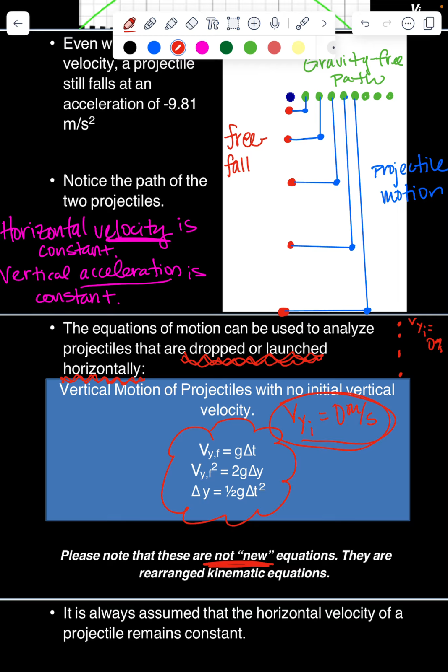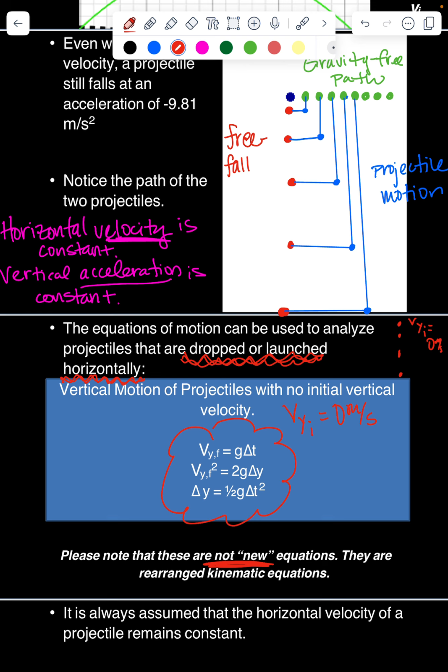Here we have the final vertical velocity is equal to acceleration due to gravity times delta t. This comes from the second kinematics equation. Vy final squared is equal to 2g times delta y. That comes from our last kinematics equation.